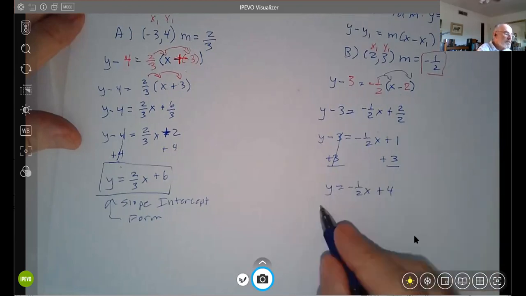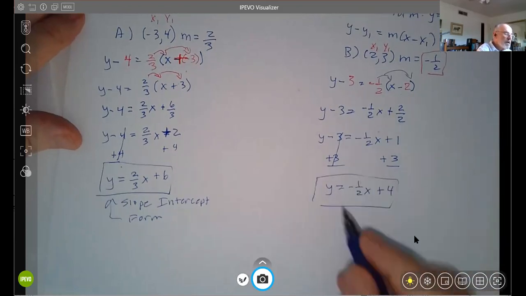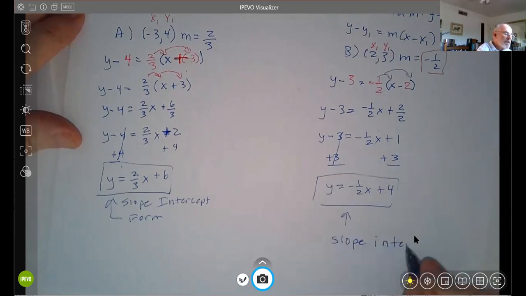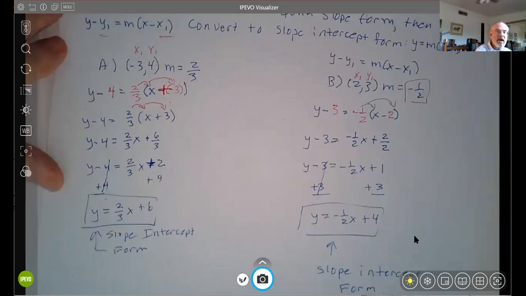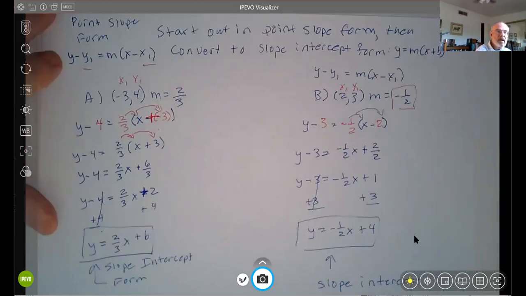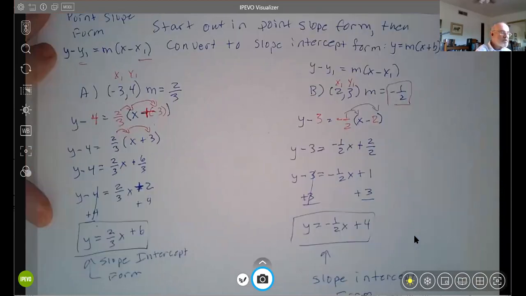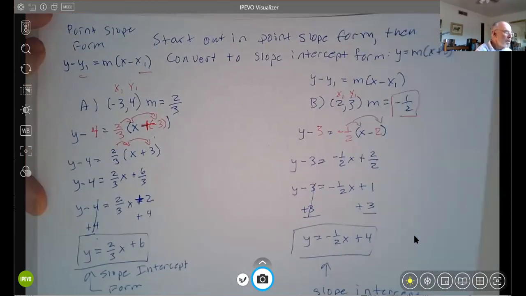So again, this is good form, slope-intercept form. Okay, all right. So that's the whole thing. And so we'll go ahead and move on.